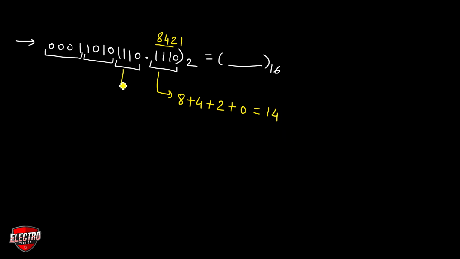In the second group we have the code 8421, then we get the final answer, that is 14. In the next group, 8421, that means 8 plus 2 and is equal to 10. In the last group 8421, then 1 multiplied by 1 is equal to 1, remaining bits are 0.